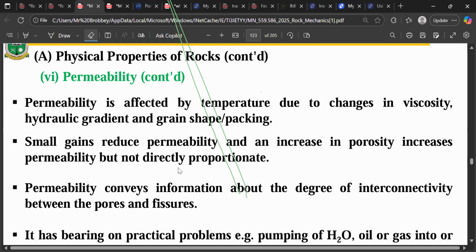Then the hydraulic gradient forces its way through, because when there is pressure or temperature change, there is some force that is going to move. So small grains reduce permeability and increase porosity, and an increase in porosity increases the permeability but not directly proportionately.